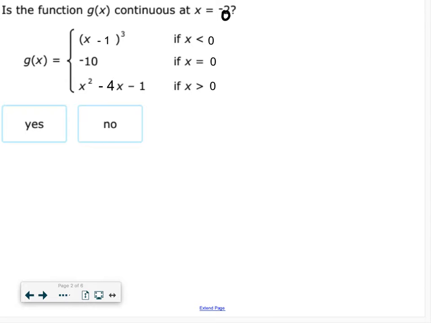So before we get into how to do it, I want you to have a conversation at your table.